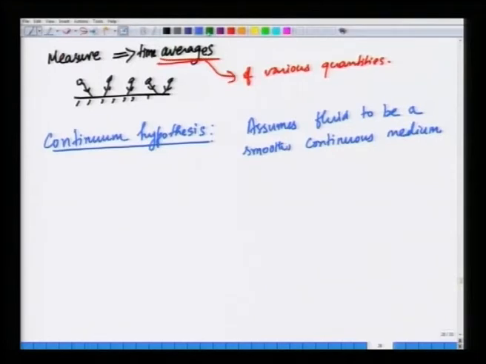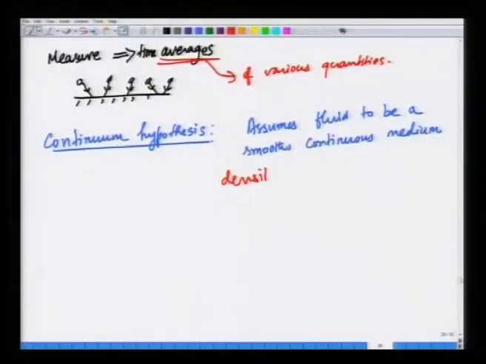and various properties of the fluid, for example, density, denoted by the letter rho, and pressure, which is nothing but the force exerted by the fluid per area of any surface, and velocity of the fluid. Velocity is normally denoted by the vector v.